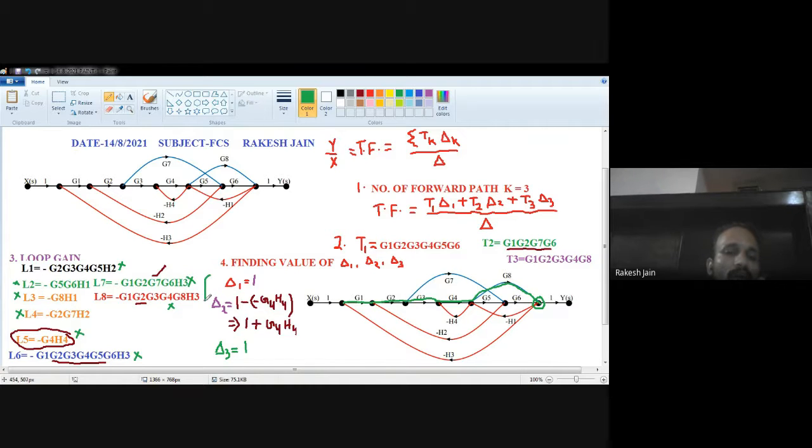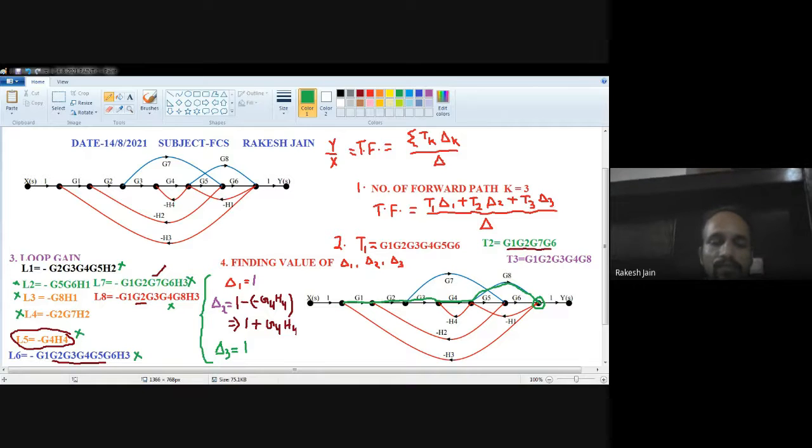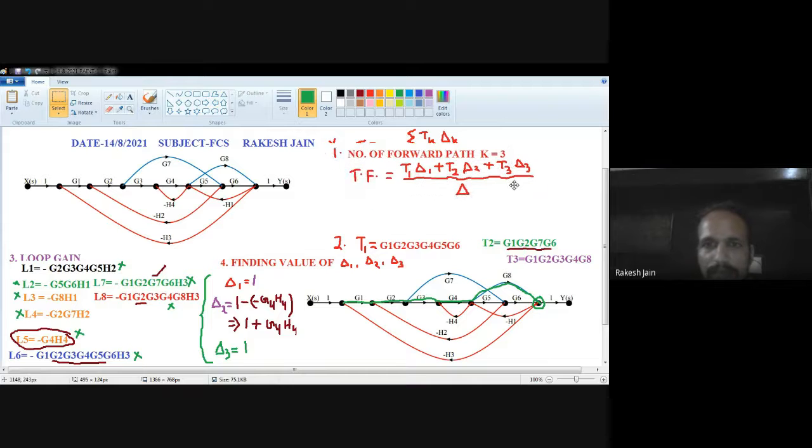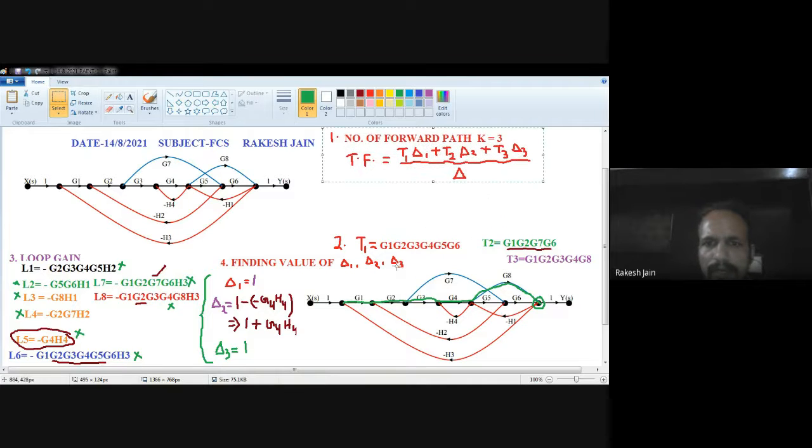So we have found all those values of del 1, del 2, and del 3. Now we have to find the last answer, that is the del value, and then we will find the complete answer by putting all those values in the transfer function formula. So which one is the last step? First I create some space, then we'll proceed. Just shift this one a little bit up to one side.